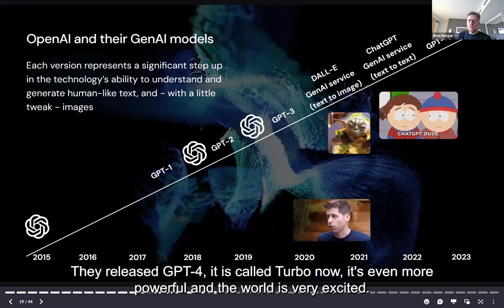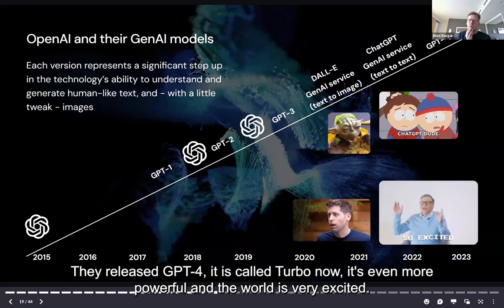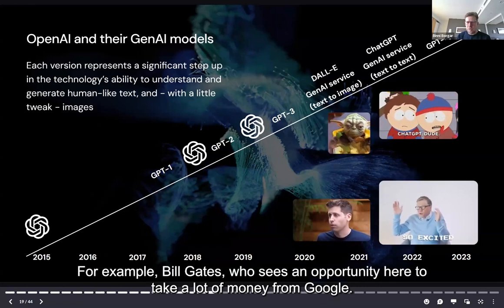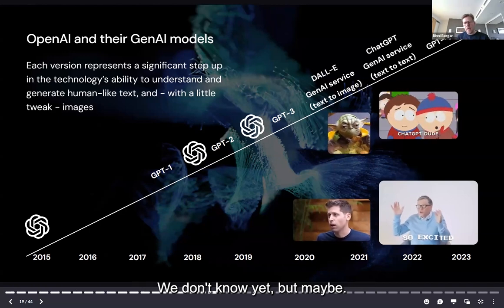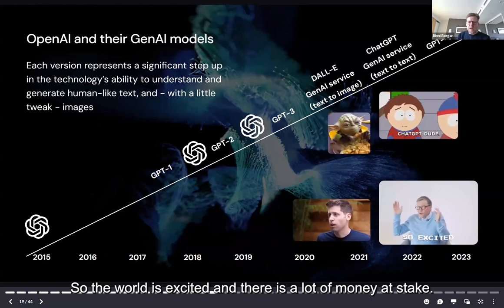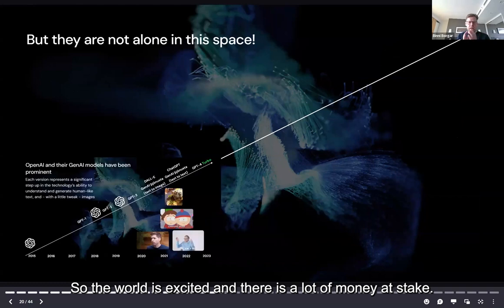They released GPT-4, which is called Turbo now. It's even more powerful, and the world is very excited. For example, Bill Gates sees an opportunity here to take a lot of money from Google. Will this disrupt the search business model at Google? We don't know yet, but maybe. So the world is excited, and there's a lot of money at stake.